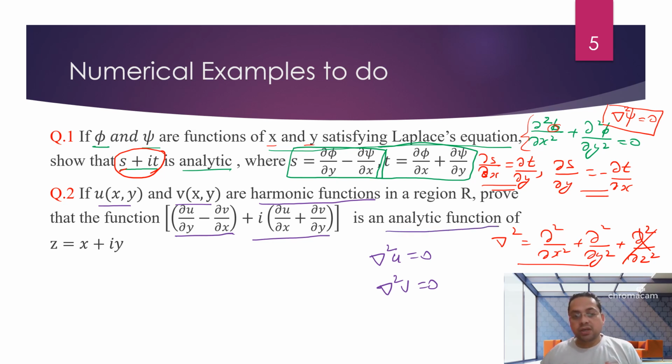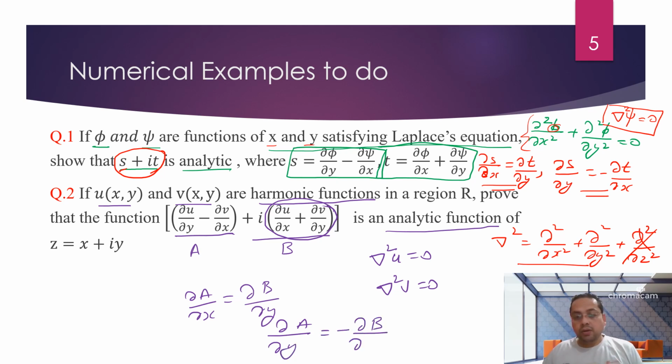This is the function, just consider this as part A and this as part B, where part A is the real part and part B is the imaginary part. Check whether del A over del x should be equal to del B over del y, and del A over del y should be equal to minus del B over del x. If this CR equation is satisfied with parts A and B, then the second question is also true.